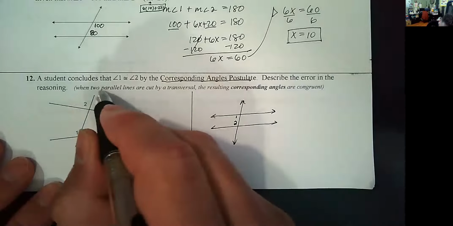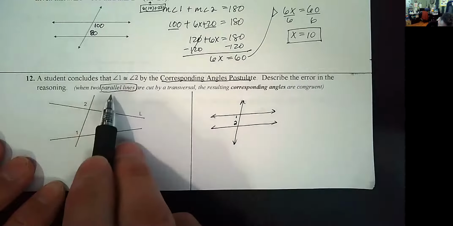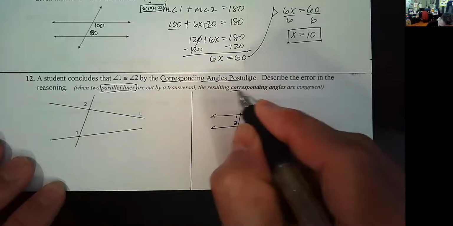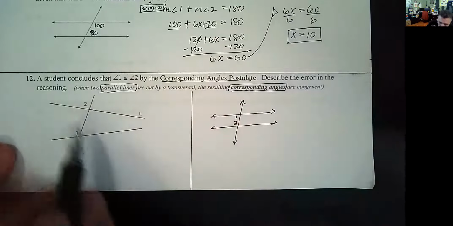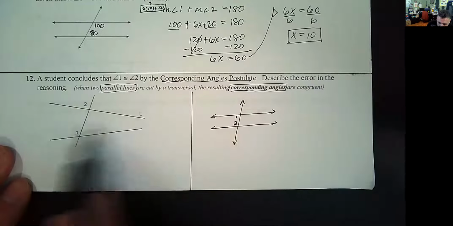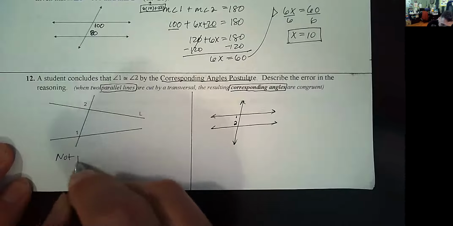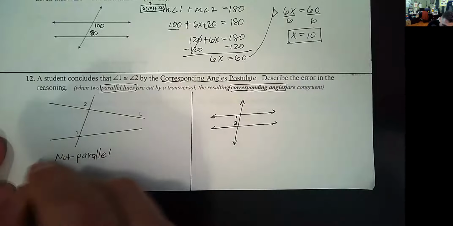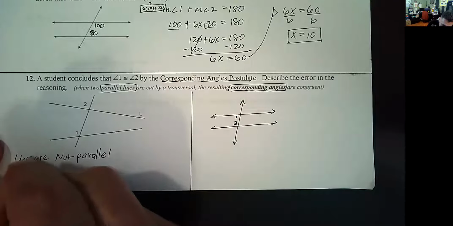So what you want to verify basically. First, you want to verify if the lines are parallel. Then you want to verify if the angles are corresponding. So if you look at this line and this line, shoot, that's not parallel. More specifically, the lines are not parallel.